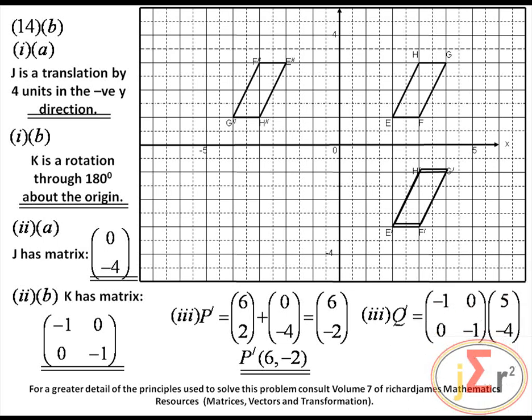So we will multiply Q by the matrix of transformation, and Q prime will therefore be equal to the product of the matrix of transformation, rotation through 180 degrees about the origin, multiplied by the coordinates of Q represented in column matrix form, and the result is Q prime -5, 4.